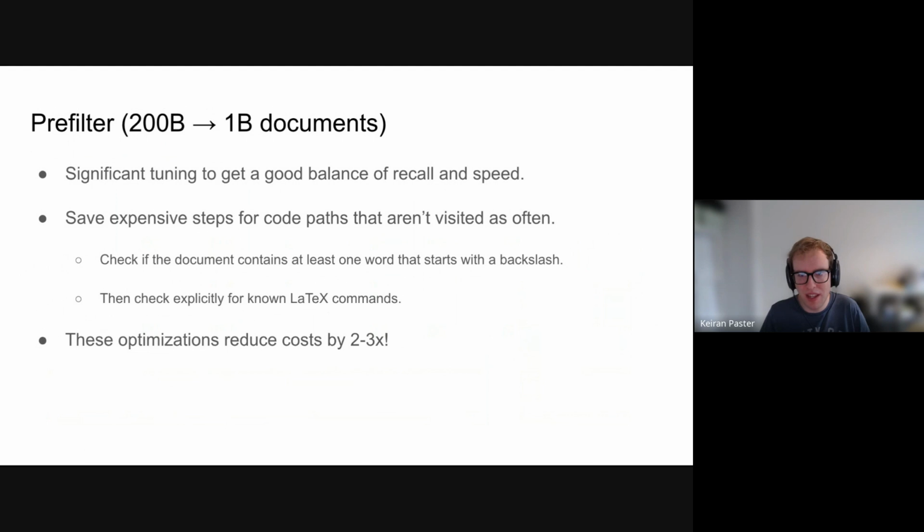The exact code that you write here really matters because you run it so many times. For instance, by optimizing the regular expressions, we get a massive payoff for doing the exact same thing. So that's the pre-filtering stage: we run over 200 billion documents, and we end up with 1 billion documents.